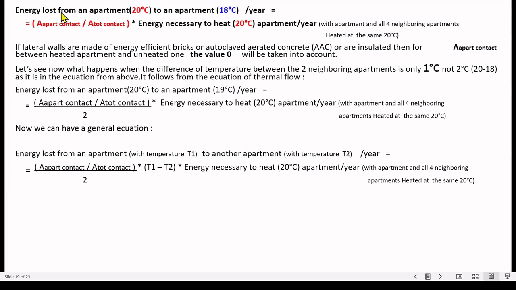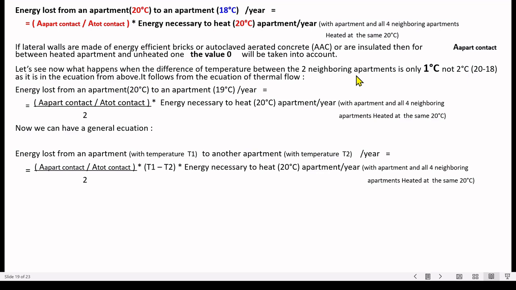Now let's see what's happening. We analyze what's happening for a transfer between an apartment of 20 degrees and an apartment at 18 degrees. This is the formula with the ratio of contact and total contact for the 2 degrees between those apartments.